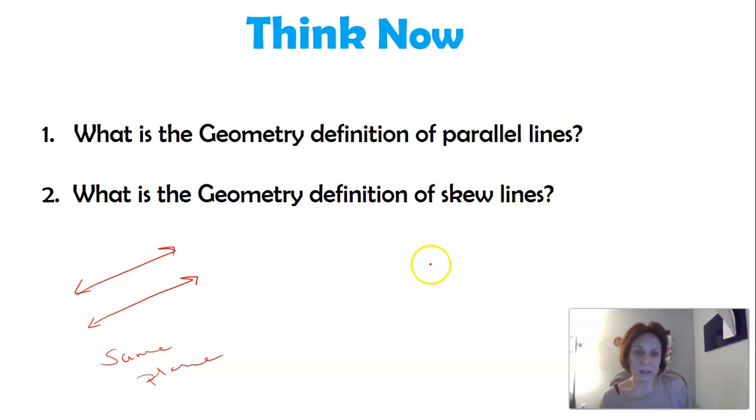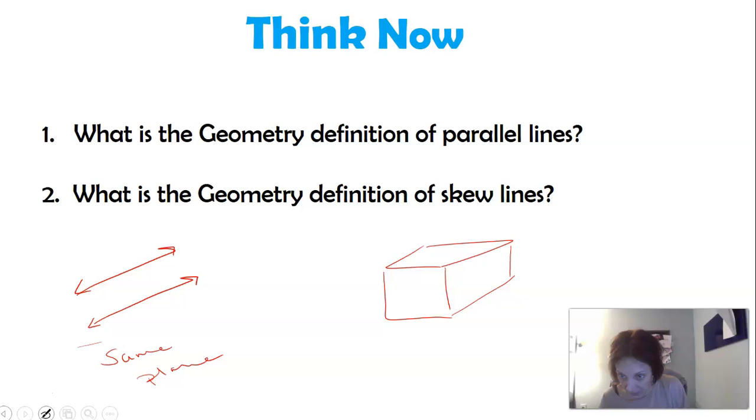So we saw lots of examples yesterday where there's a 3D shape. Skew lines might be something like a line that goes, if I can find my pen, across here, and then a line that goes up and down across the back. Right? Those two lines are never going to cross.